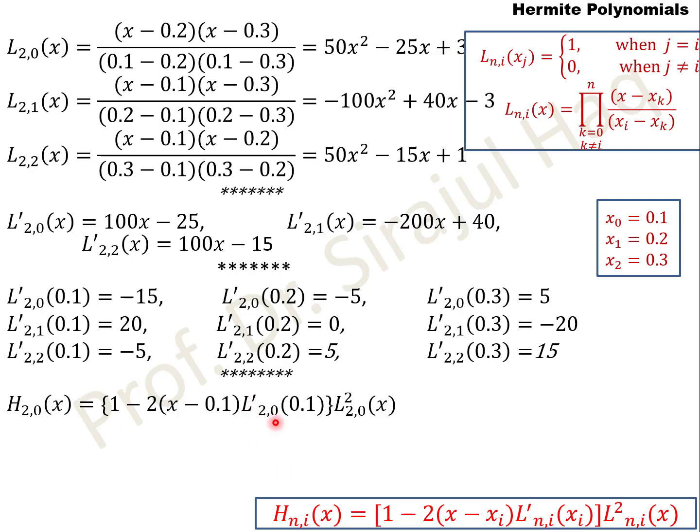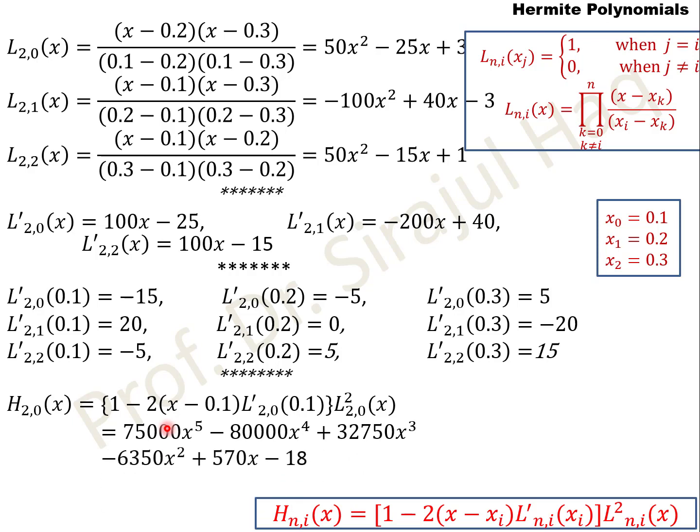L2,0 prime at 0.1 is given by minus 50. So substitute these values, we will get the polynomial of degree 5, and that's given by this relation.